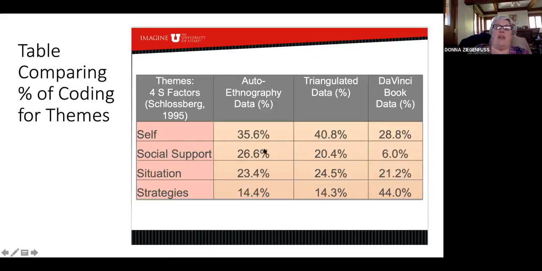You'll notice that the autoethnography and triangulation data is pretty similar, but this book data is very different. So I wanted to put those three pieces out there together. That would be another way of showing the percentage of coding for social support: in the autoethnography text it was 26.6, the triangulated data was 20, and in the book it was 6%, okay?